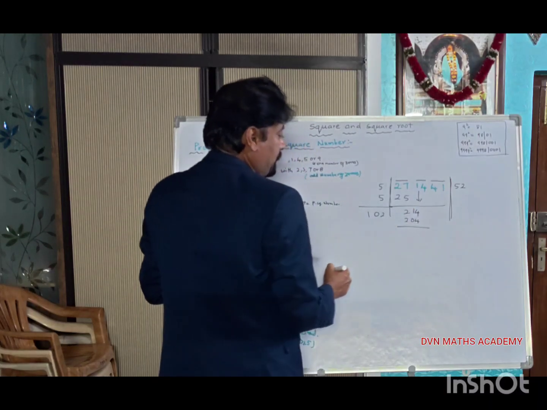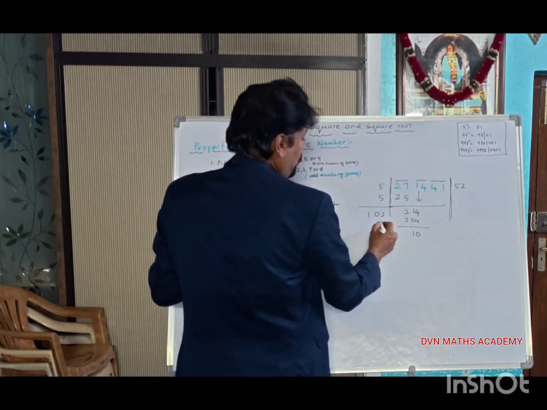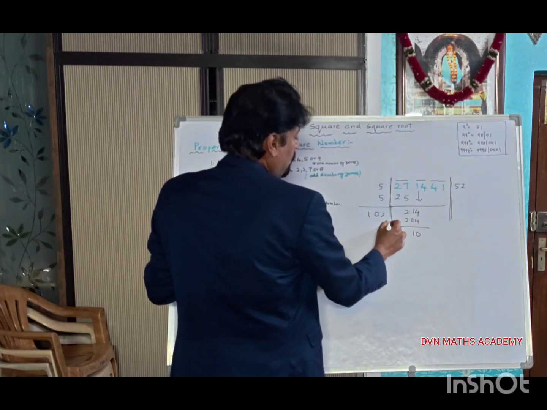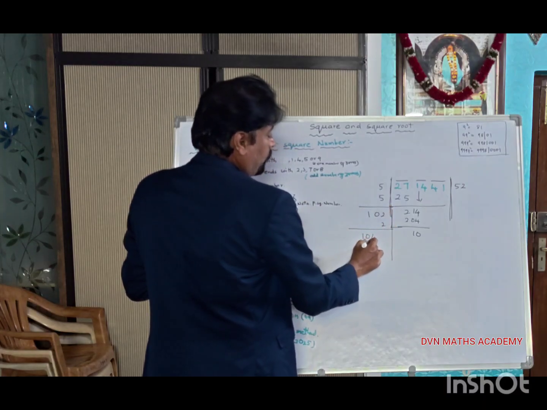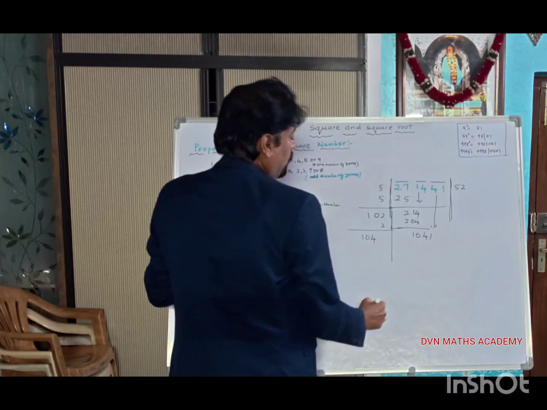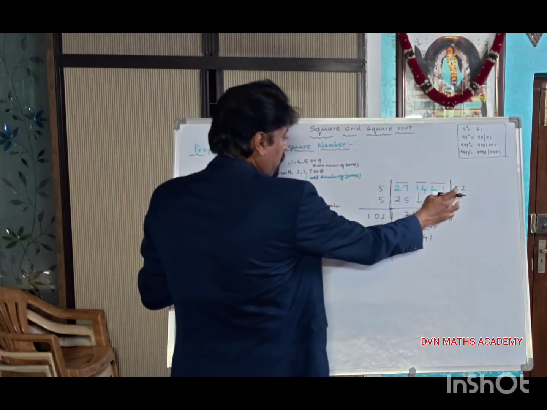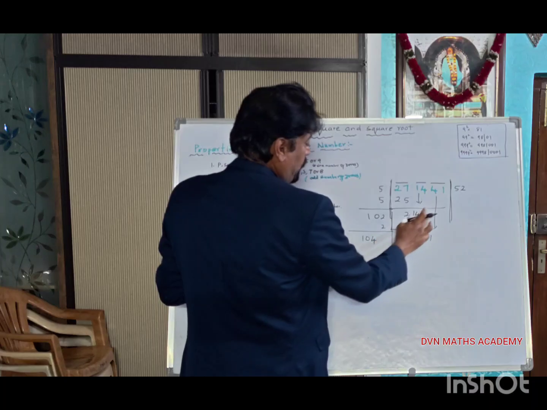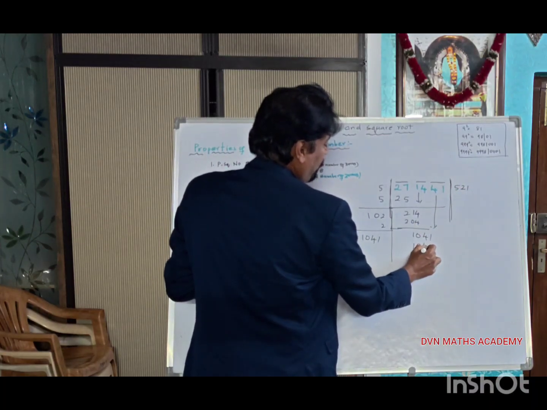So if I subtract this, you will get 10. Again you take 2 here, so this becomes 104. Next you bring down 41. If I write here 1, it will become 1041 ones are 1041.